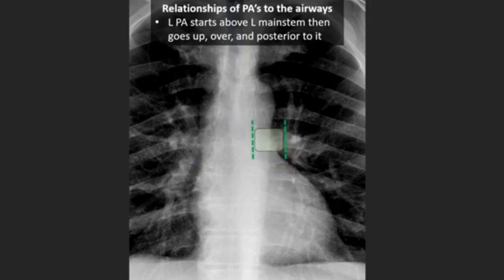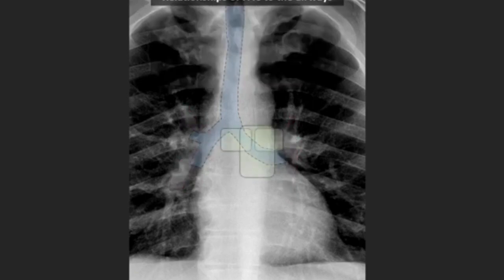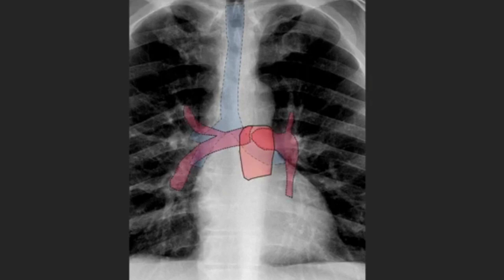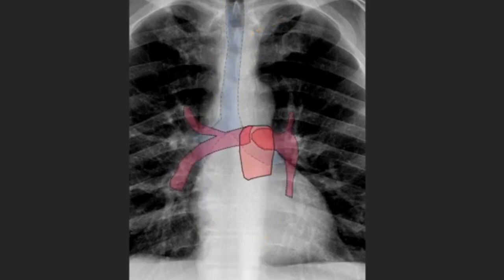And that's your main pulmonary artery. As you can see, there's the left and the right pulmonary artery. Now, superimposing, the bigger rectangular area is your main pulmonary artery, in which usually the tip is ideally placed. And now it's superimposing your airways, and that's the shape where your Swan-Ganz catheter is.